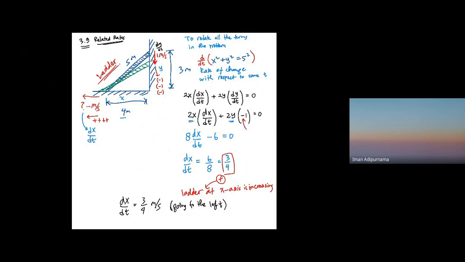But I will give it to you today because I think it's related to the implicit differentiation. From the ladder, we know that when you are changing your y, you are also changing your x. Now let's see. I hope you guys finished the notes.